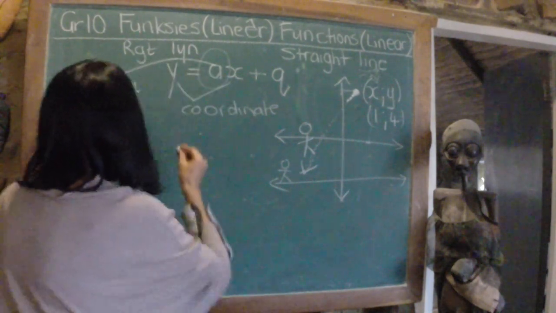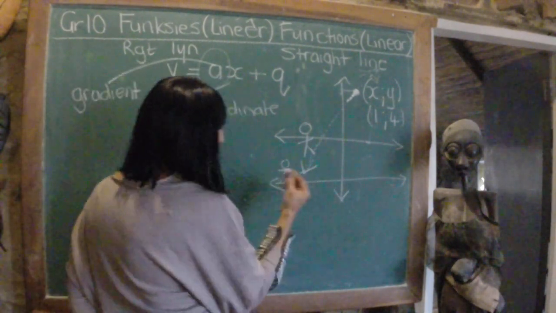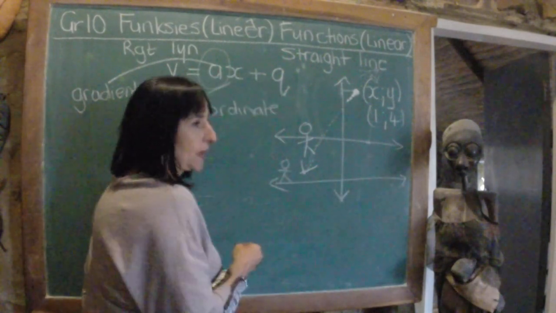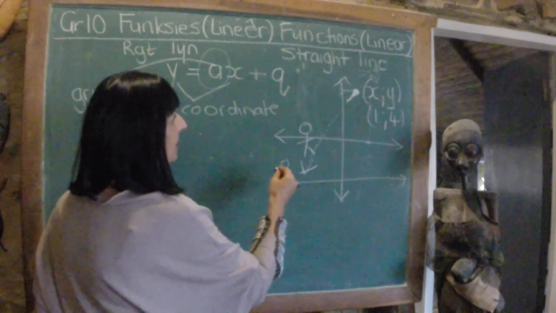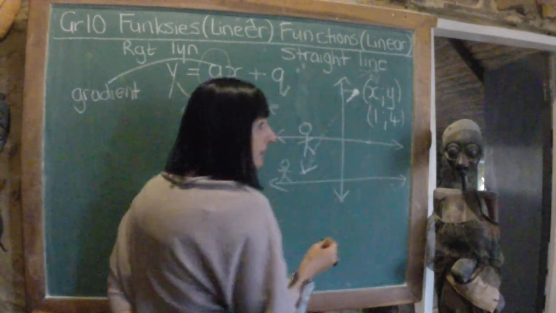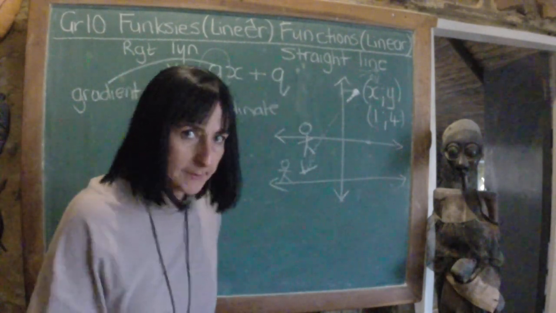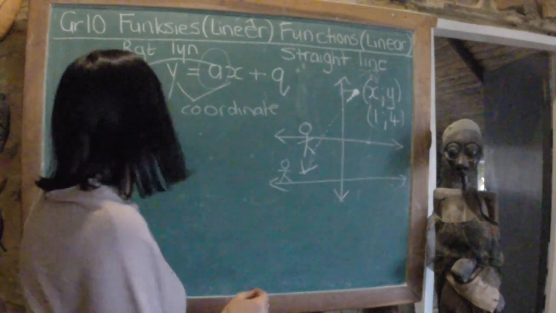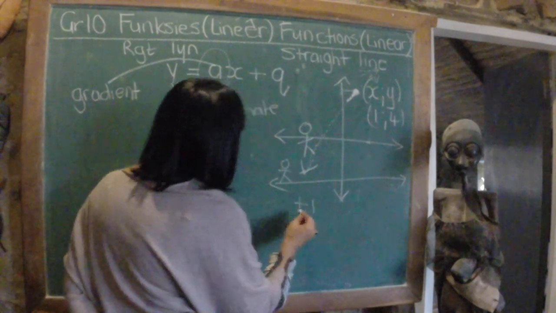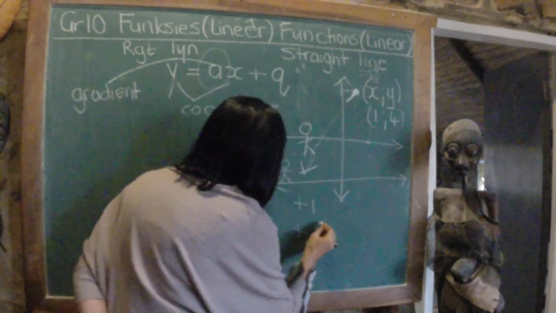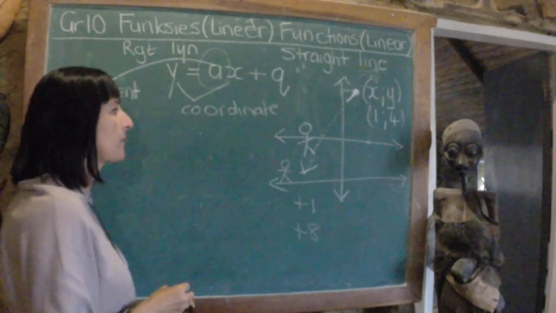So, as my gradient 1 is, byvoorbeeld, dan lyk hy so. As my gradient 8 is, dan lyk hy so. So, the bigger the gradient, the steeper the line. Maar, ons het ook 'n plus 1 waarde vir 'n gradient of 'n plus 8 waarde wat ons nou van gepraat het.